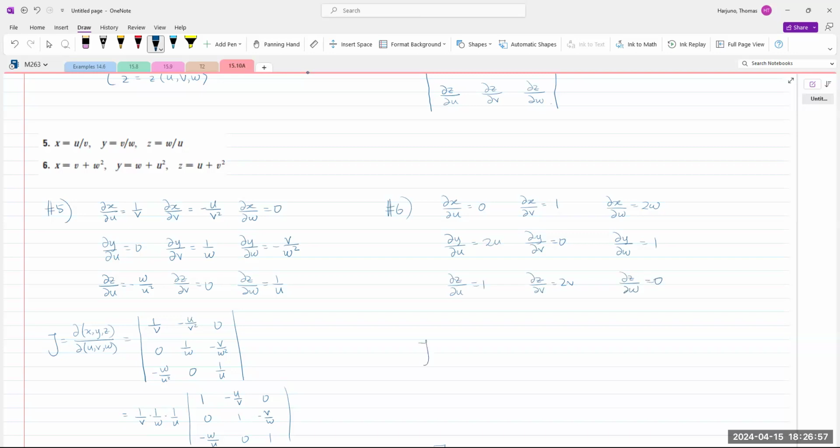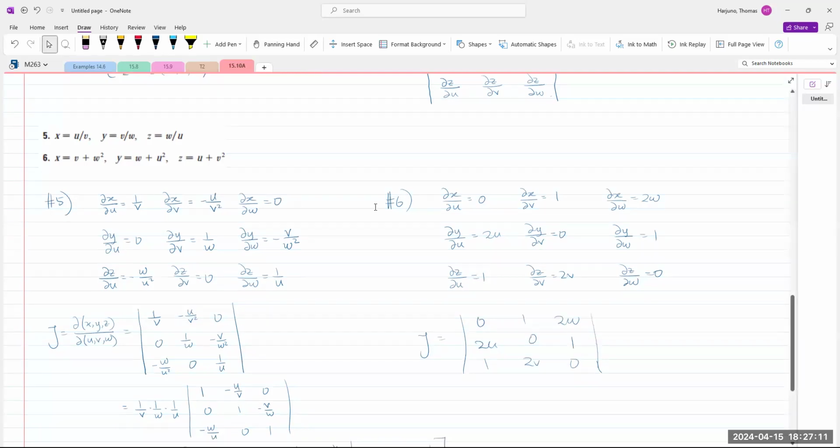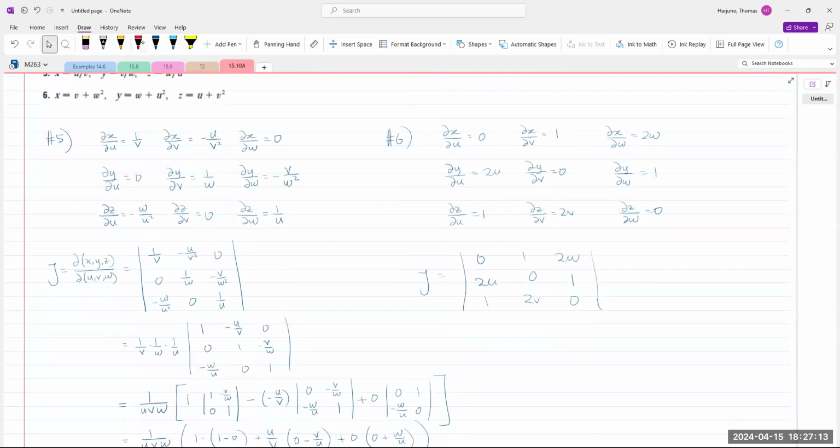So the Jacobian will be the determinant of 0, 1, 2w; 2u, 0, 1; 1, 2v, 0. Okay, let me copy the first two columns.